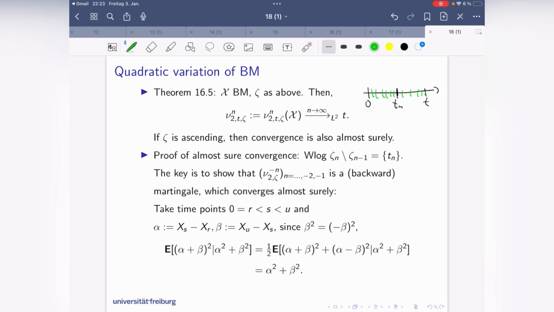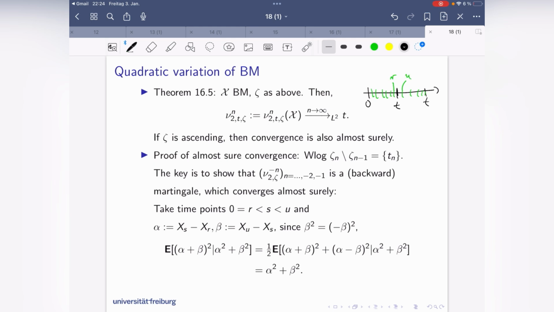So as in this figure here, let me say this here is my t. This one step before is my s, and that afterwards is my u. Sorry, not correct. That here is my r, and that's my u.